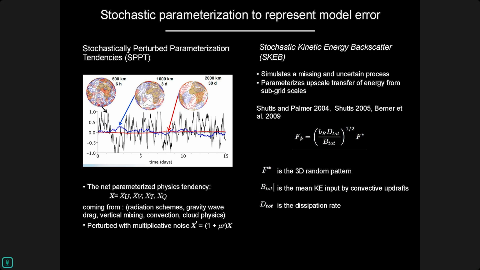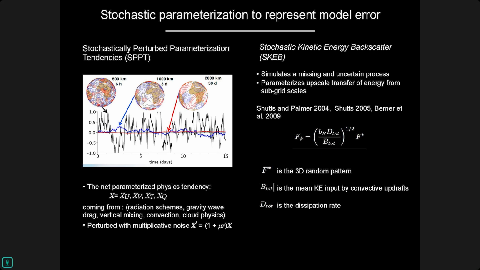Another one is called stochastic kinetic energy backscatter. So if you have taken classes in turbulence, ocean turbulence or GFD turbulence, you know that there is energy cascade downscale, but sometimes there is also energy cascade upscale, that small scales transport energy to the large scale. But this is not represented in the real atmospheric or oceanic model.